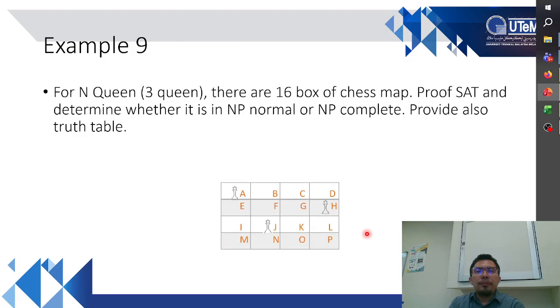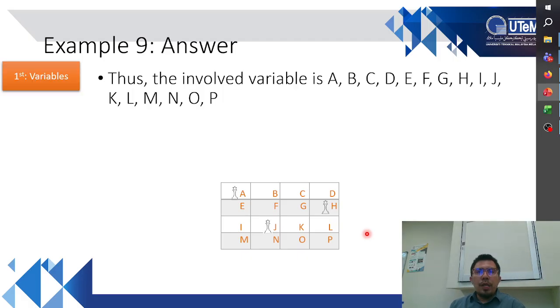Okay, so for example 9, we have 3 queens, and we make the map larger, so the inputs involved are also many.